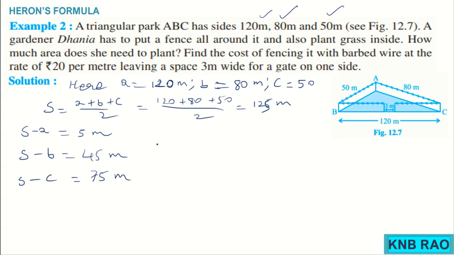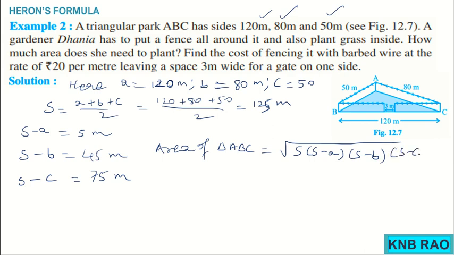Now, Heron's formula to find the area: area of the triangle garden ABC is root under S into S minus a into S minus b into S minus c, where root under 125 into 5 into 45 into 75.